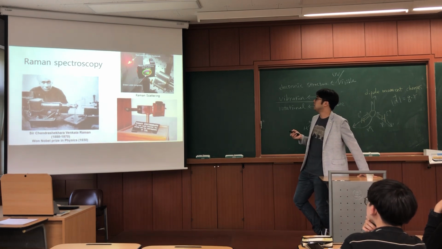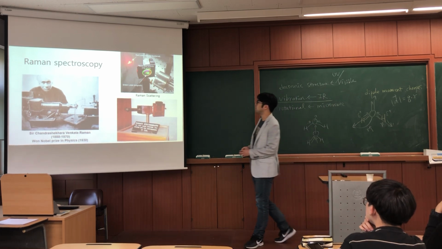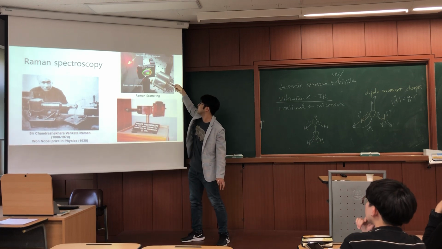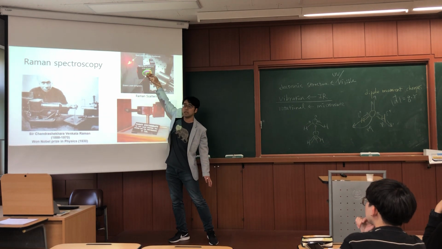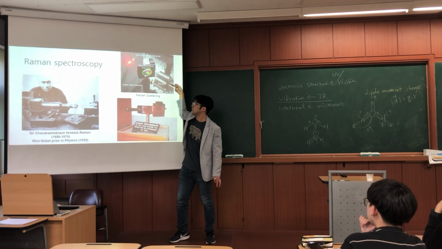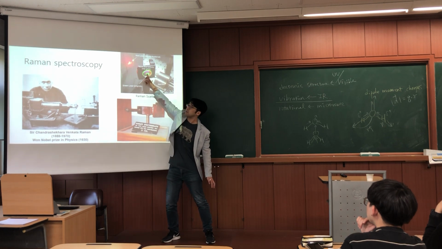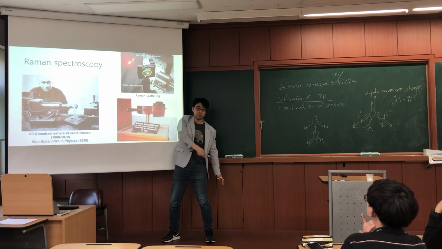So what is Raman scattering? One basic visible example is shown here. From here we generated the green laser. The green laser hits this lens, and we can see that the green light is reflected from this lens, right?